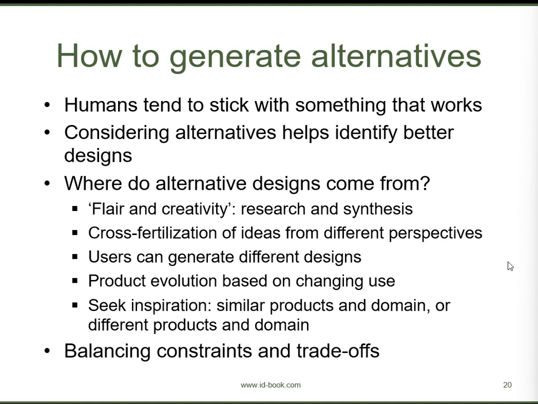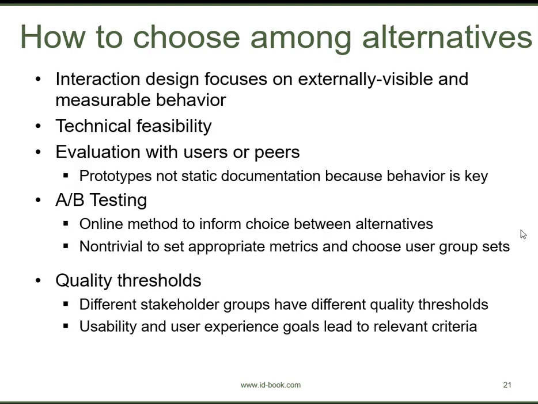Okay, so how to choose among alternative ideas. If the designer has already listed down those ideas, the next problem is choosing among them. That is where the designer has to make a decision.